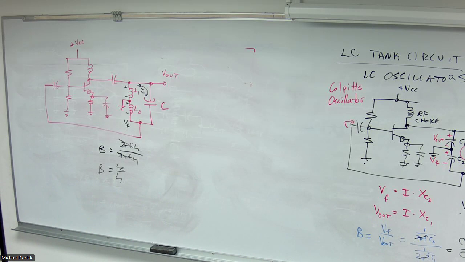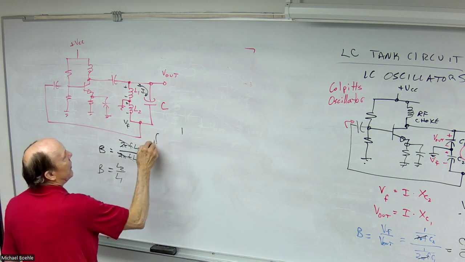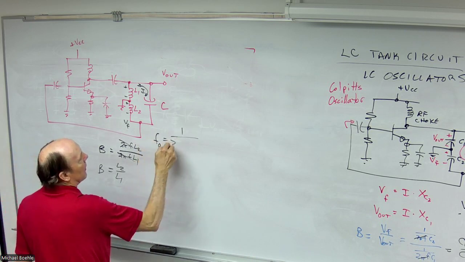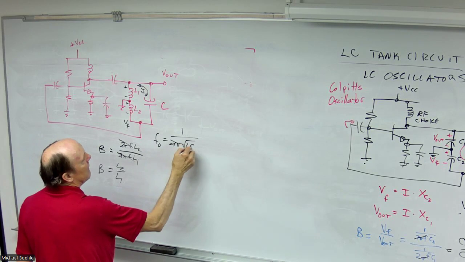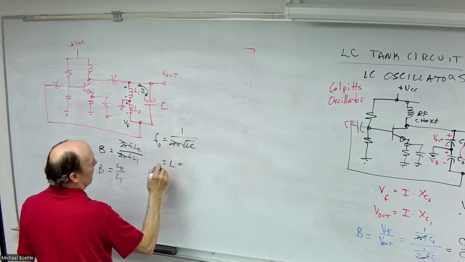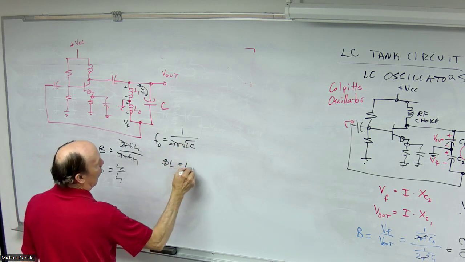And inductors in series, how do they combine? Just like resistors. So they add. So you still have your same resonant frequency formula, 1 over 2 pi square root of LC, L being L1 plus L2.